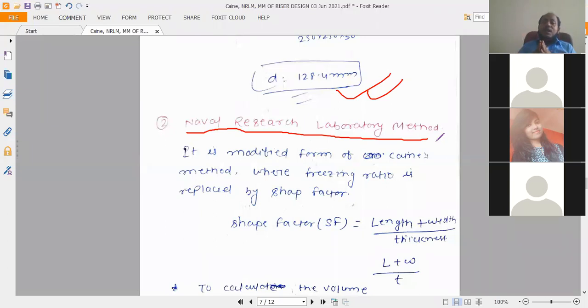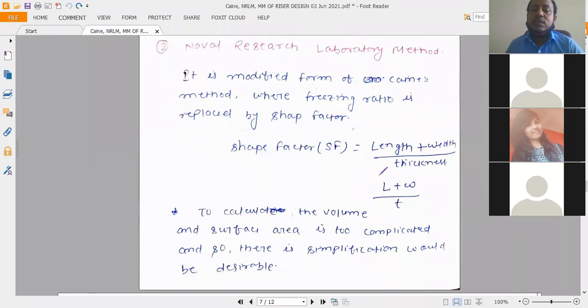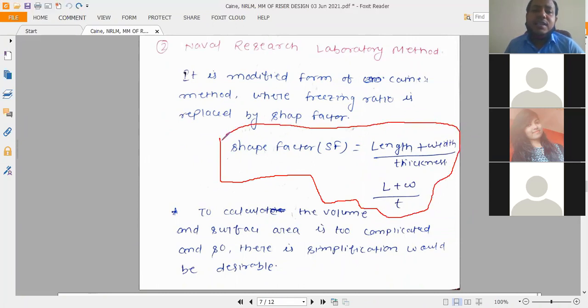The graph chart shows how the volume ratio varies as the shape factor of the casting varies. First you have to know what the shape factor is and how it can be determined. तो shape factor के determination के लिए they have given a rule.